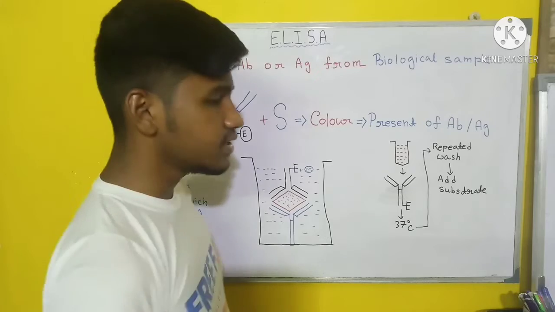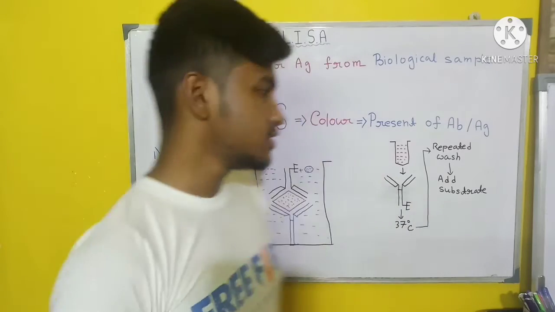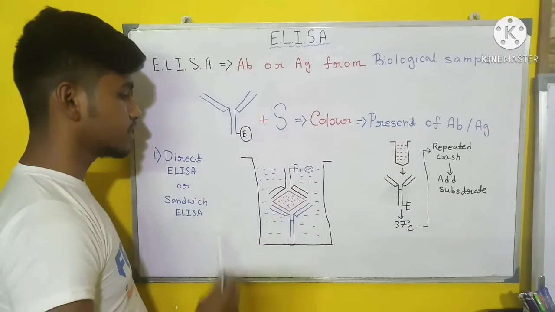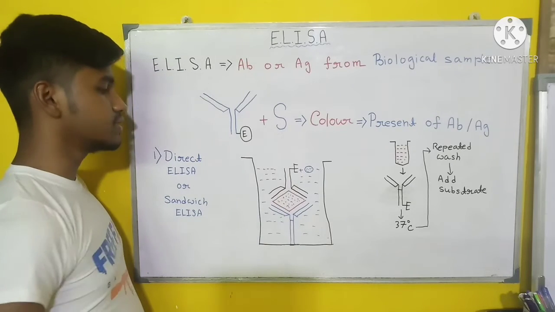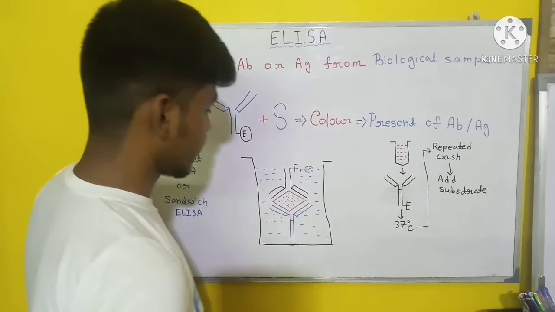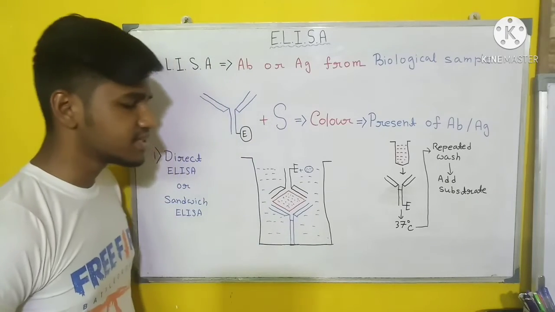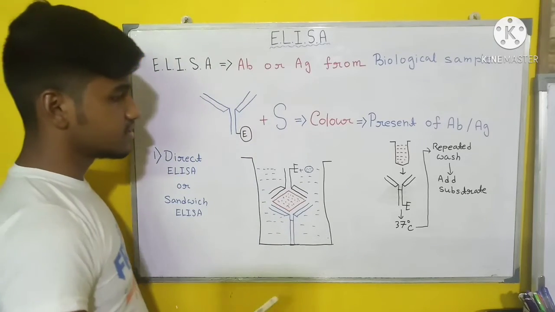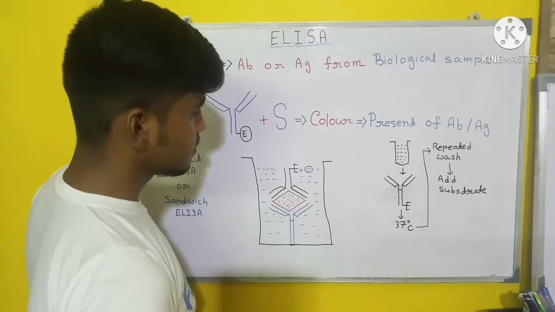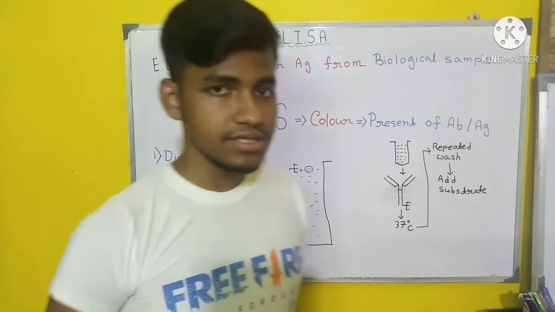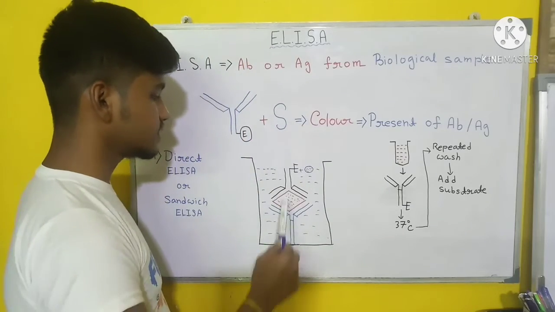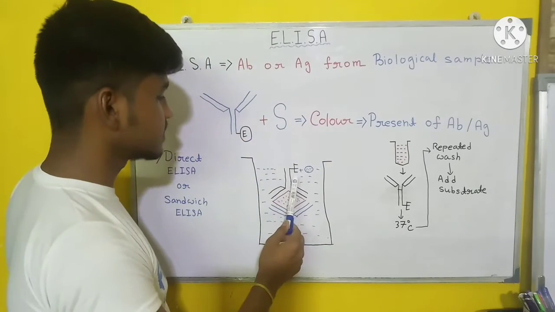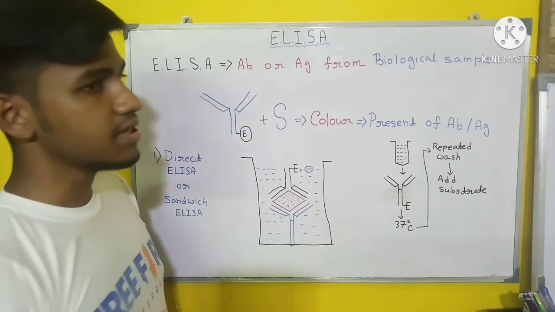So then we will conclude that this is not the particular antigen for which we have designed our enzyme linked antibody. So when the color is produced, it indicates that the particular antigen of this patient serum sample is present, for which we have designed our enzyme linked antibody in the lab.